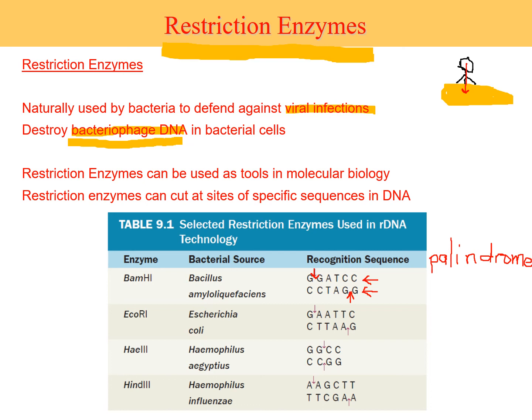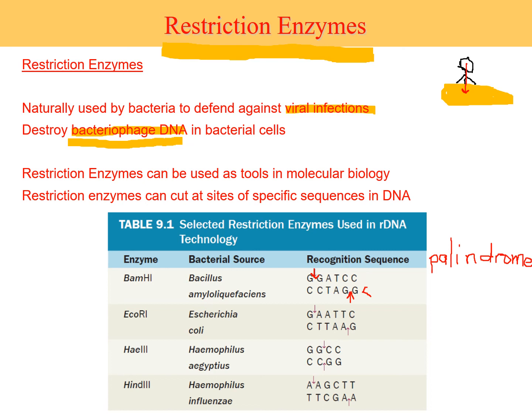Able was I ere I saw Elba. See nurses run. Those read the same way forwards as they read backwards. So 6 base pair long DNA segments will be recognized and cut at particular positions.